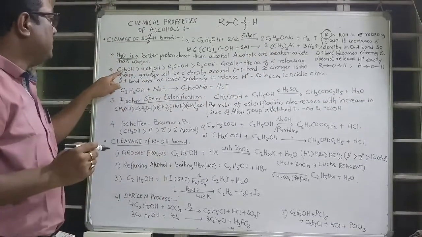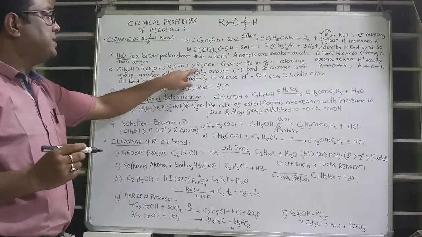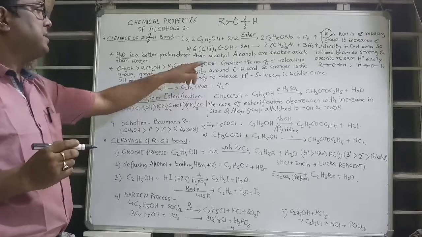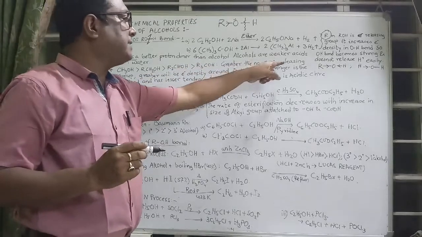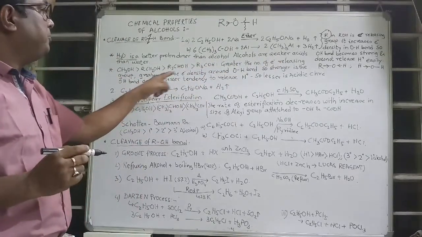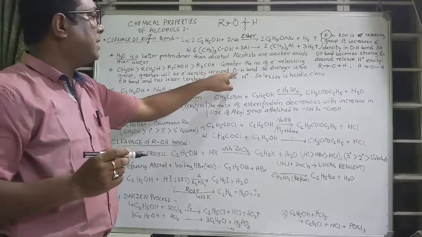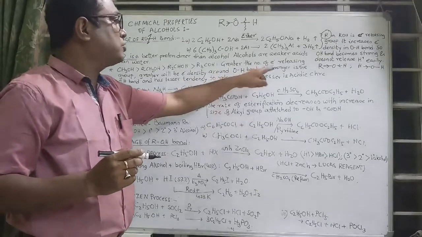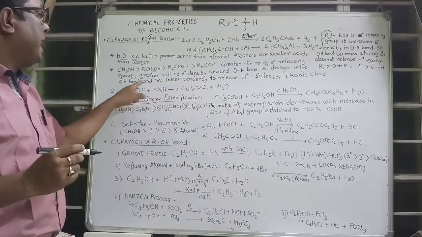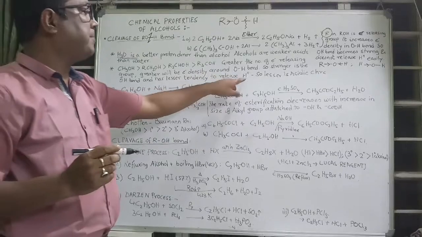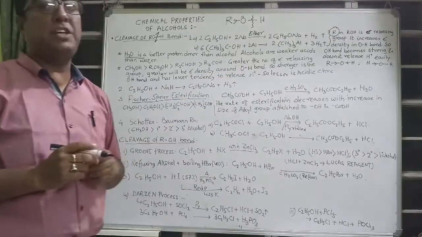And you can see here, as the number of R increases, greater will be the number of electron releasing groups, and greater will be the electron density around the OH bond. So stronger is the OH bond and lesser the tendency to release the proton. So lesser is the acidic character.